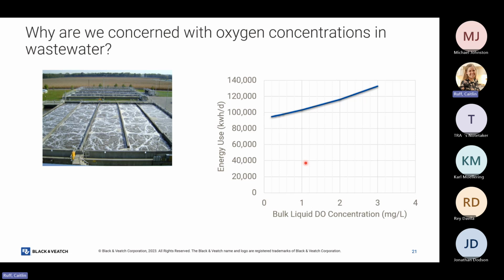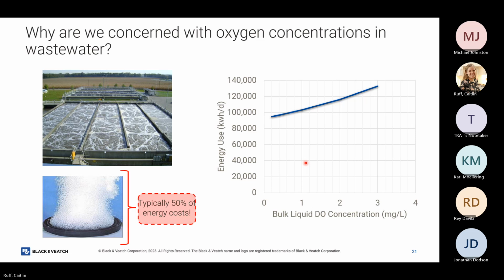Like what you're seeing at Cruise with low DO operations and making that shift, there's been a lot of research in the last couple of decades looking into this. Aeration can be typically up to 50% of your energy costs.